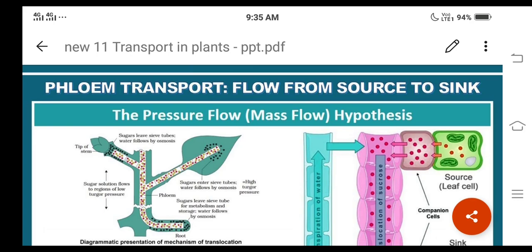It is the most accepted mechanism for the translocation of sugars from source to sink. I told you in the previous class about the source and sink.